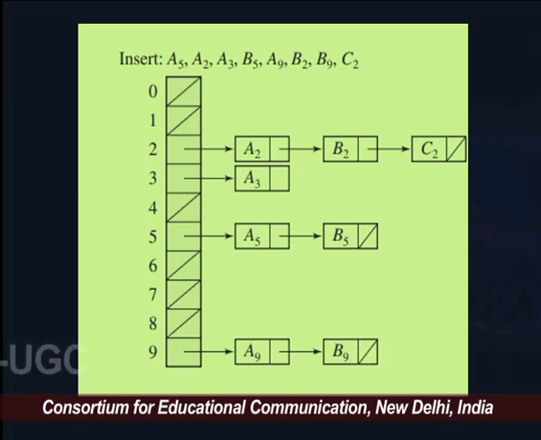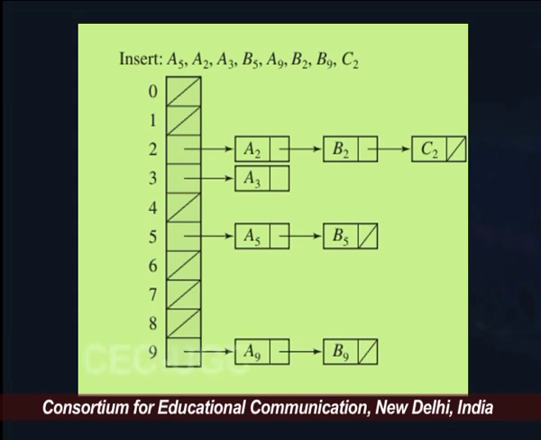Now imagine that A2, B2, C2, D2, E2, and so many keys are attached to this second slot, all arranged in the form of a linked list, and we are looking for, let us say, E2. In order to get to E2, A2, B2, C2, D2, that means the whole list has to be searched.